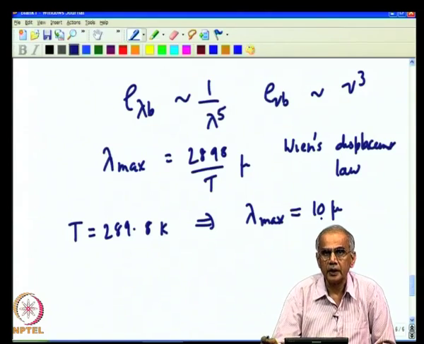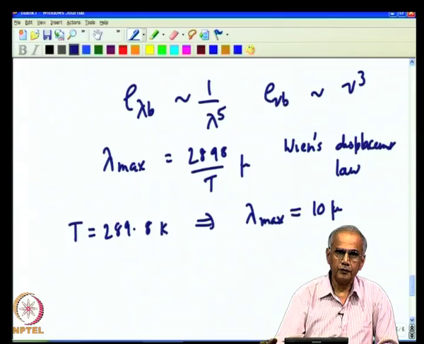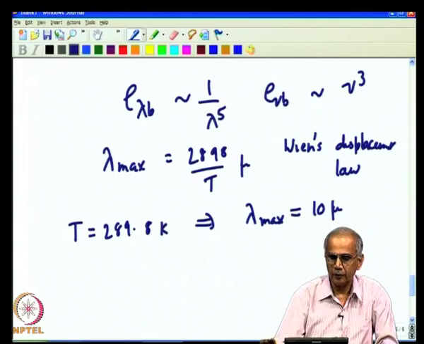So, what it means is that if you look at bodies at room temperature and if they behave like black bodies, then their peak radiation occurs around 10 micron, and this is true of most objects at room temperature.